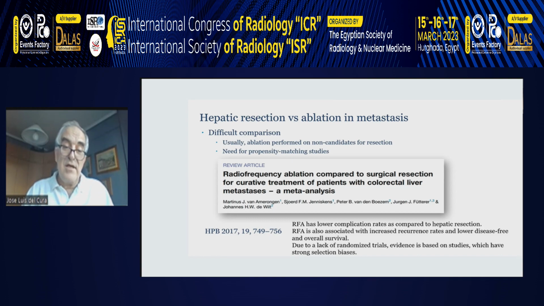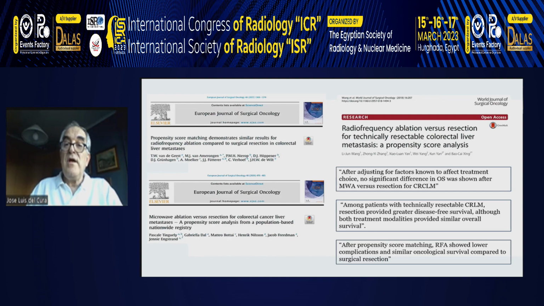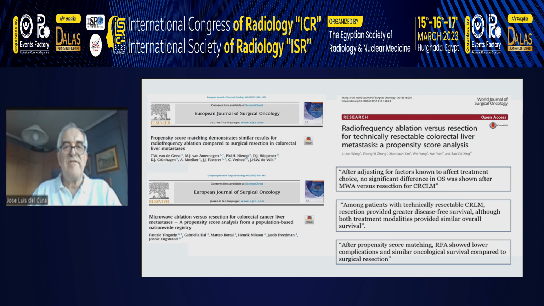But in this meta-analysis, the authors explained that due to the difference in the evidence between both treatments, there are strong selection biases, and there was a need for propensity matching studies. But we now have propensity matching studies, and we have 3, in fact.